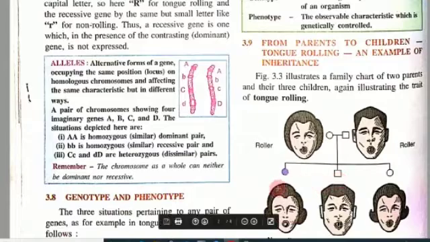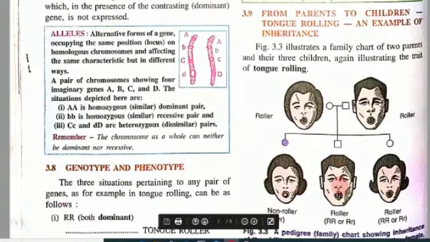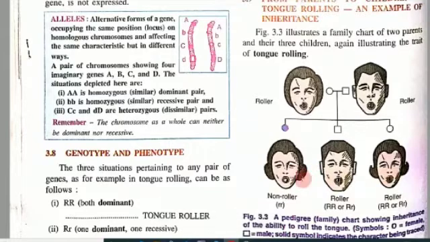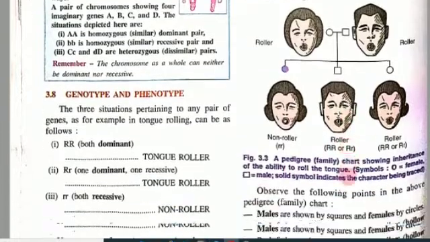See the progeny: the first is a non-roller, and the last two are rollers. So there is a recessive character and a dominant character in this family. Out of three offspring, one is a non-roller and the other two are rollers. This is one of the features of genetics.